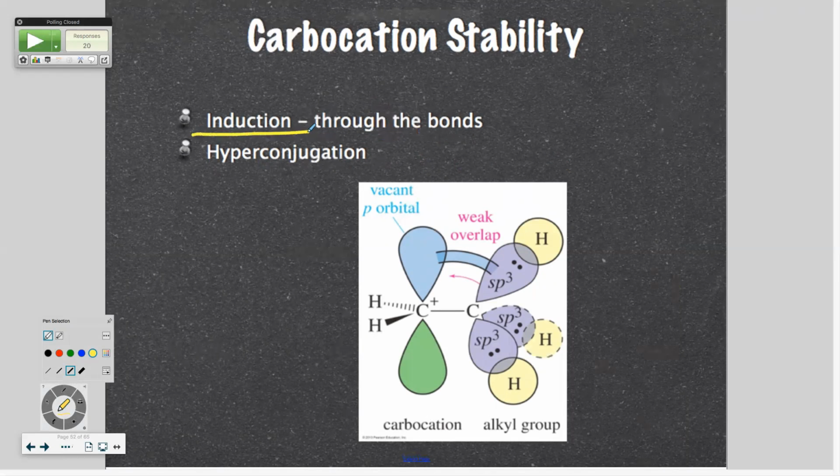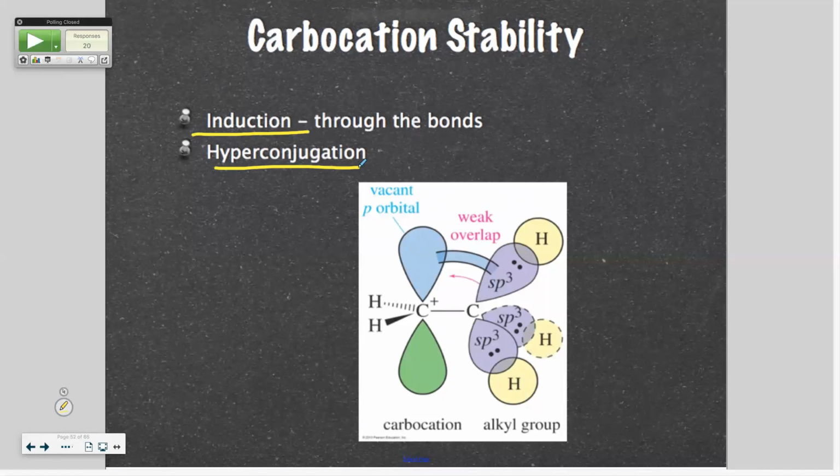Okay. Induction and hyperconjugation. So remember that when you had a free radical, your p orbital had one little electron in there all by its lonesome. It wanted a buddy, okay? So you can stabilize through the bonds, okay? Pushing electron density into the part that is electron deficient, okay? And you remember this, the sideways, that's the hyperconjugation.